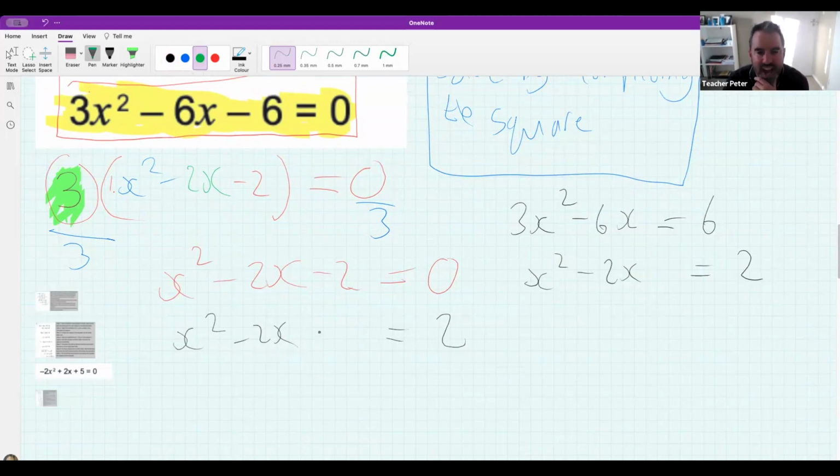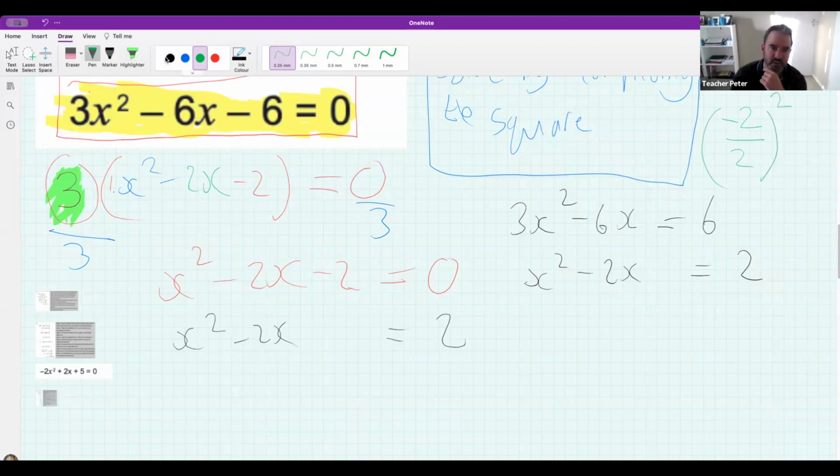Cool. Now, what are we going to add to complete the square is the next question. What are we going to add to both sides to complete the square? So I take out the minus 2 and I divide it by 2, and then I need to square it.